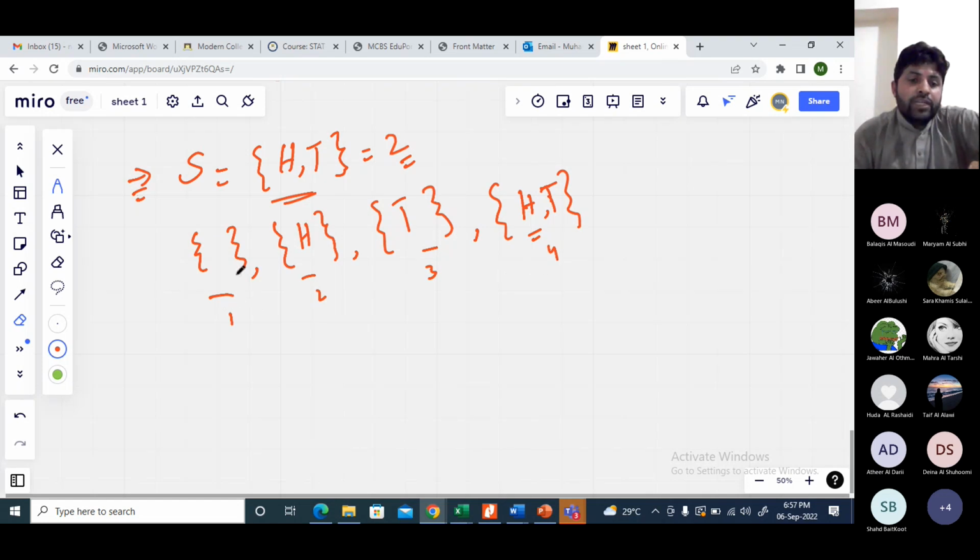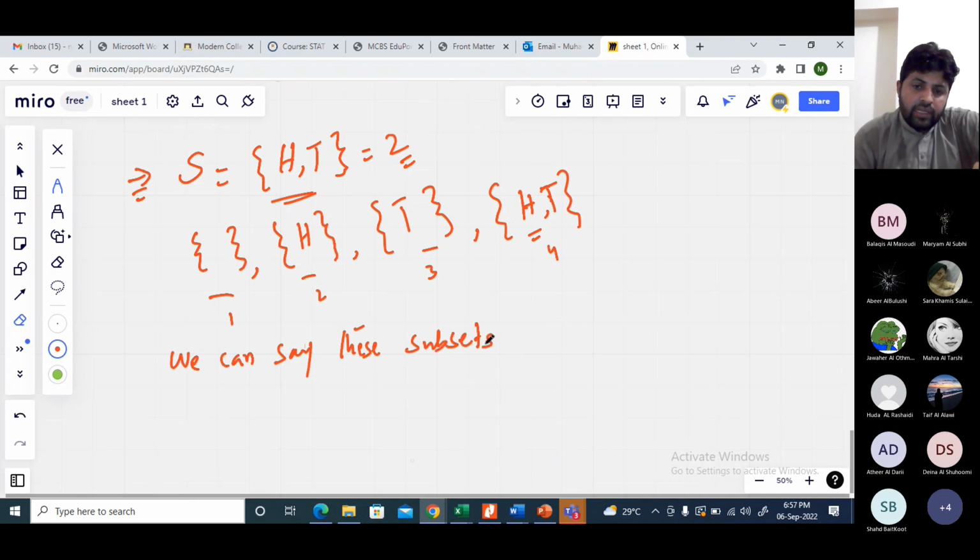We can call these subsets events. This is the case when your experimental outcome has 2 sample points. So the null set is an event, head is an event, tail is an event, and head and tail is an event.